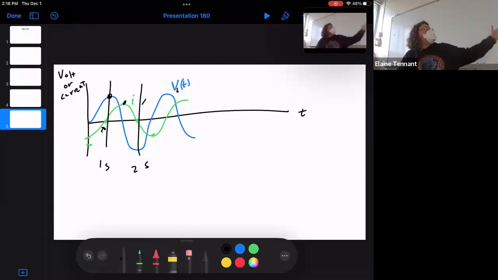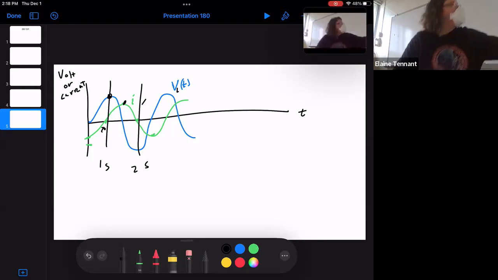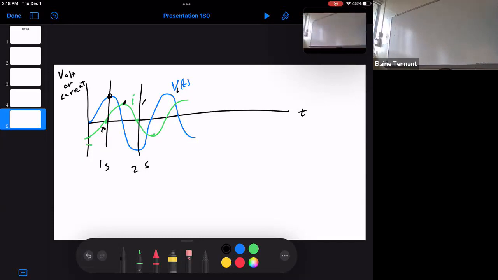There's a couple of ways to see this. One is visually, knowing what we know about sine and cosine. If one is at its peak when the other is at 0, that means we're 90 degrees out of phase. Make sense?